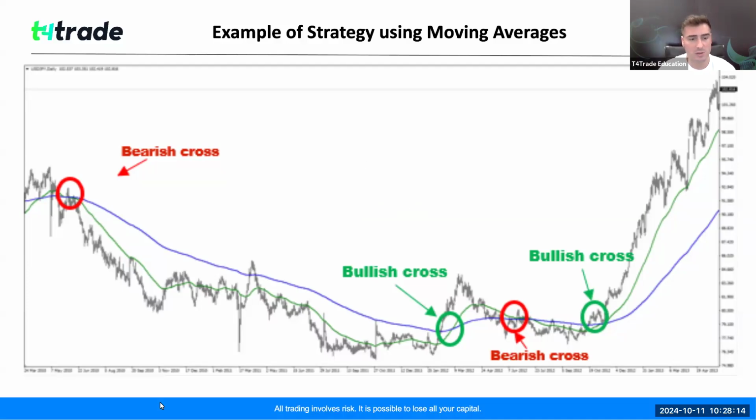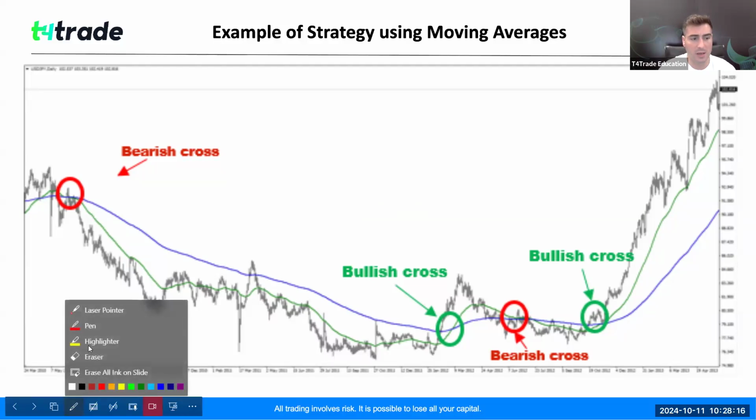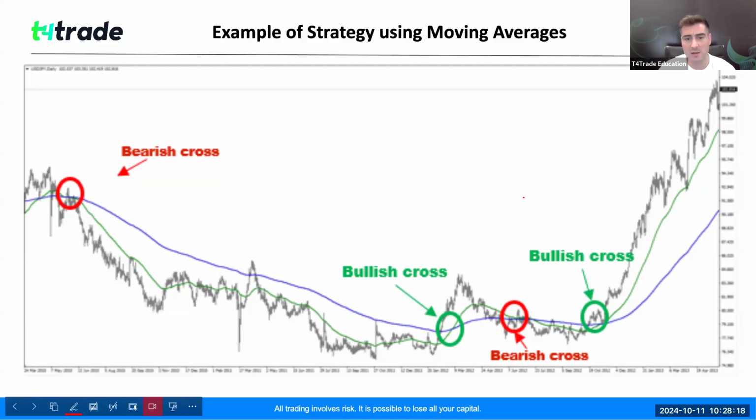So if you remember what we have said in the prior slide, the moving average that tends to hug the price action much more closely compared to the other one is always the short-term moving average. In this kind of case, the green line here is the SMA, the short-term moving average, and the blue line, because it's not fitting the price action as neatly compared to the other one, is the LMA.